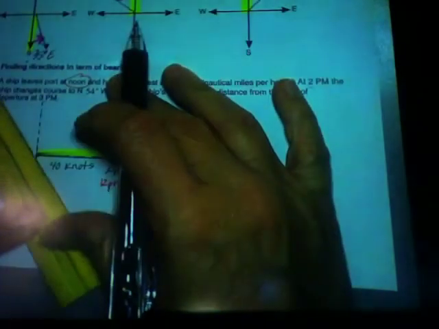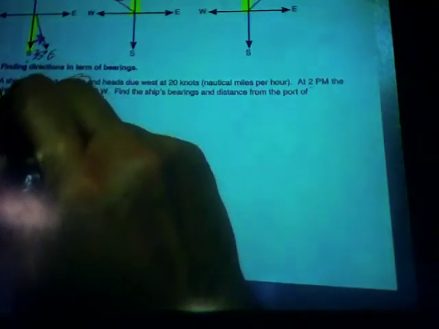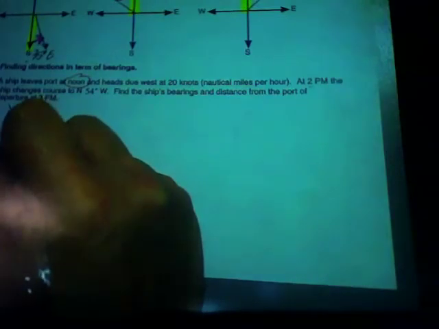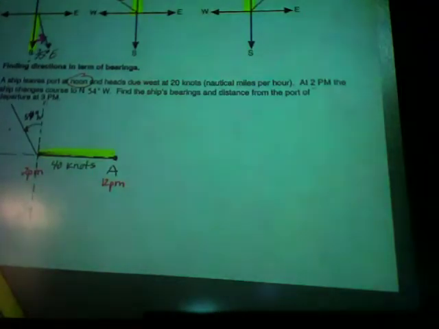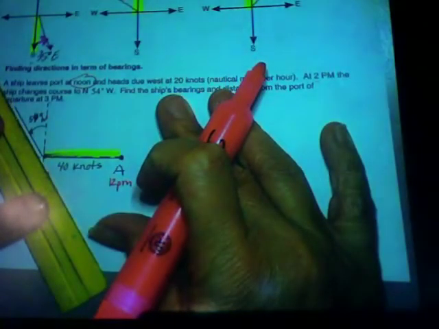So that means he would be traveling along this line of path, something like this. The 54 degrees goes from this point to here, and this would be 54 degrees west. Do you understand how I know that that's where the 54 degrees is? This is his second line of travel from here to here.